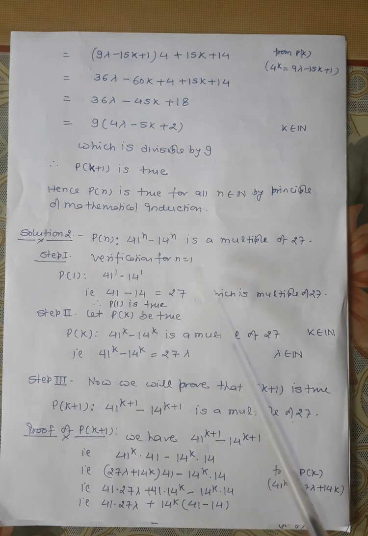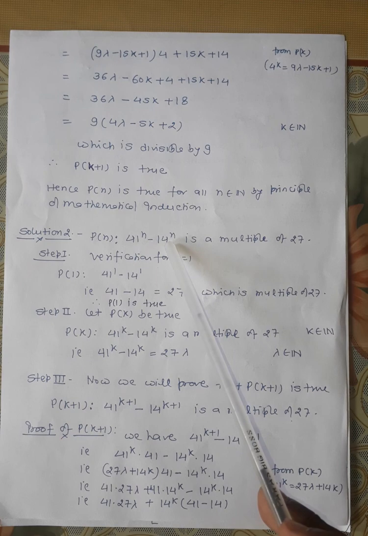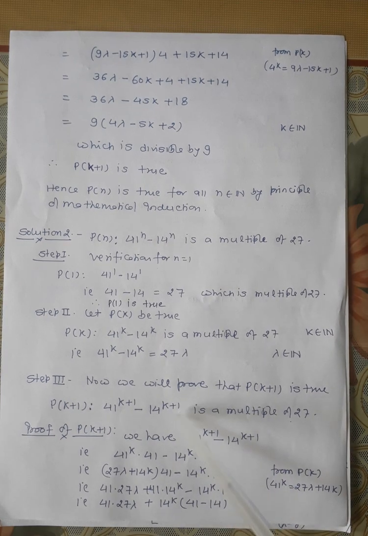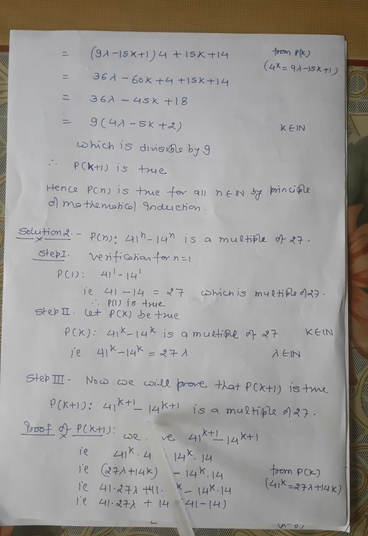So 41 to the power k plus 1 minus 14 to the power k plus 1 is a multiple of 27. This is not the proof, we have only written what is our Pk plus 1. Now we are going to prove that this is a multiple of 27.